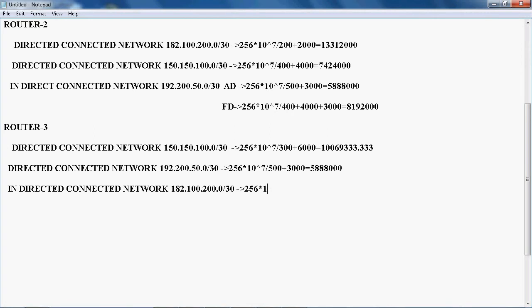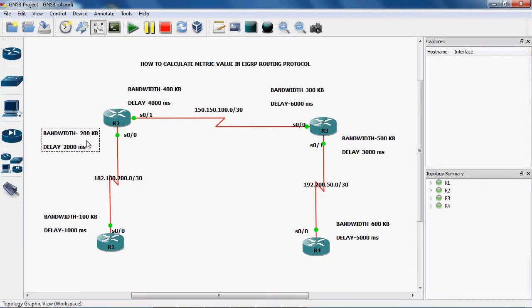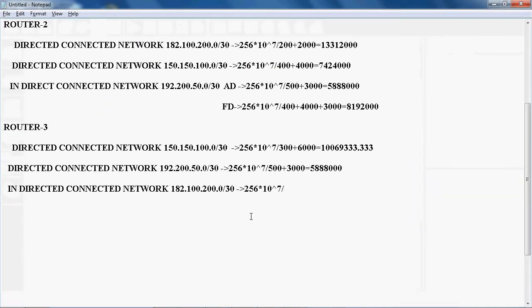256 into 10 power 7 divided by, so the bandwidth is 200 and delay is 2000, so 200 plus 2000 equal to, so this is an average distance.